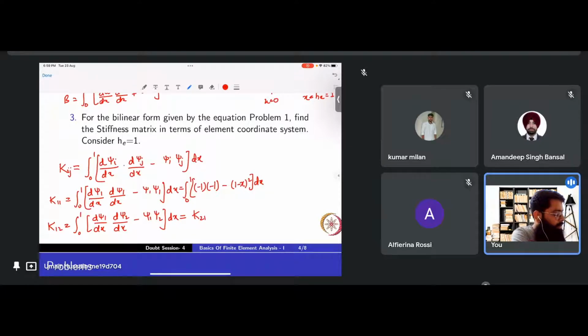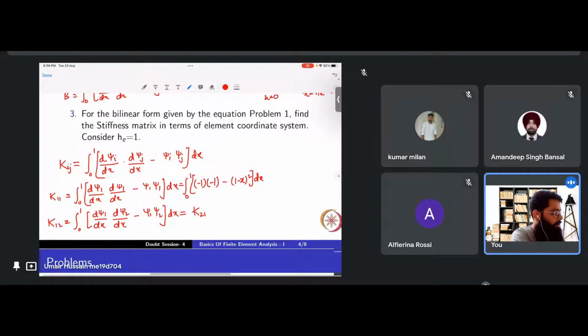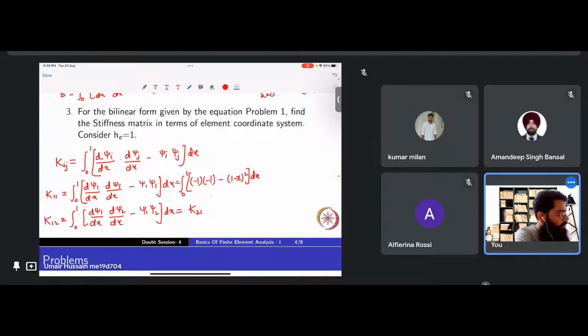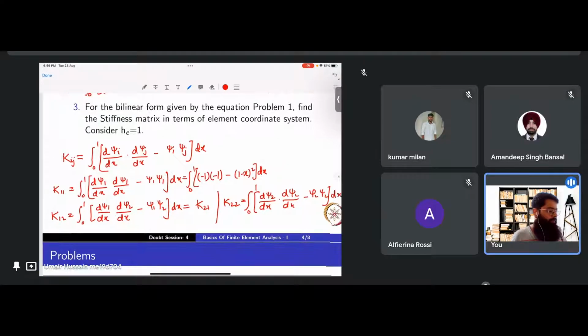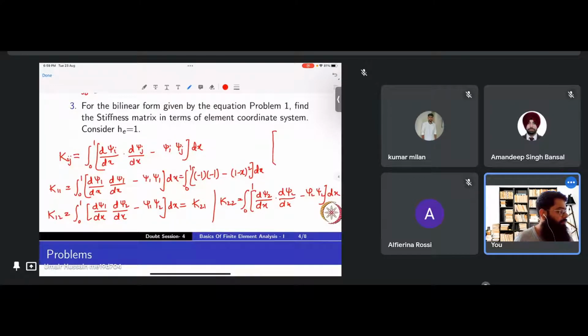You can similarly put in the values of psi 1, psi 2 and the derivatives and get the answer. The same for K22: derivative of psi 2 by dou x times derivative of psi 2 by dou x, plus psi 2 psi 2. You can integrate this simply and get each term, K11, K12, K21. So this is so simple for just one single element with linear shape functions.